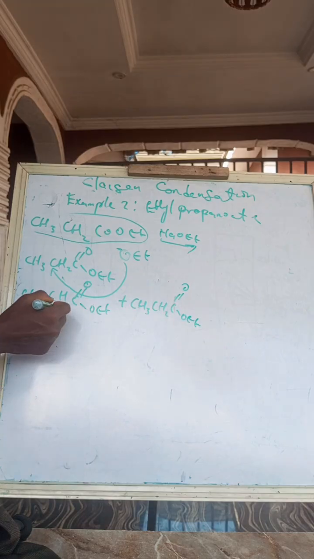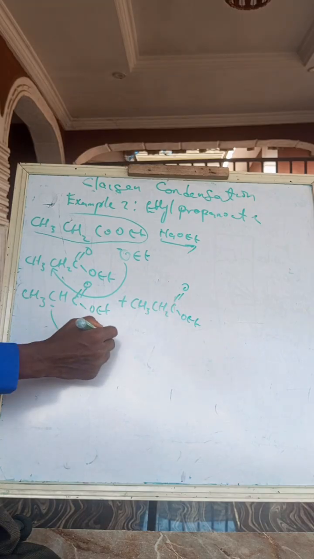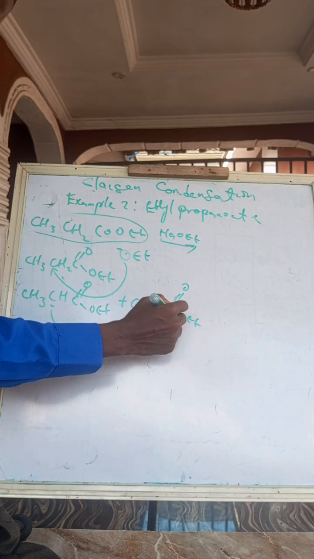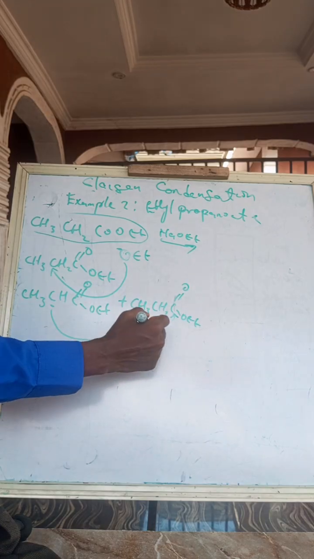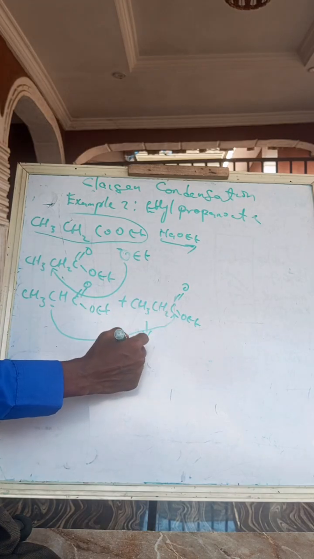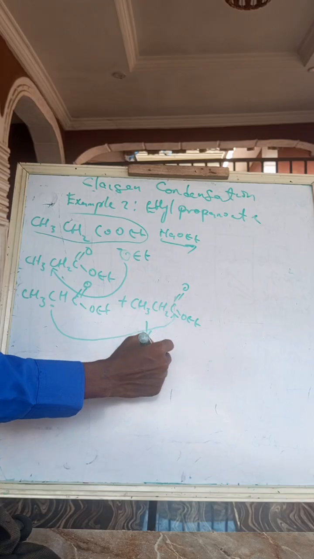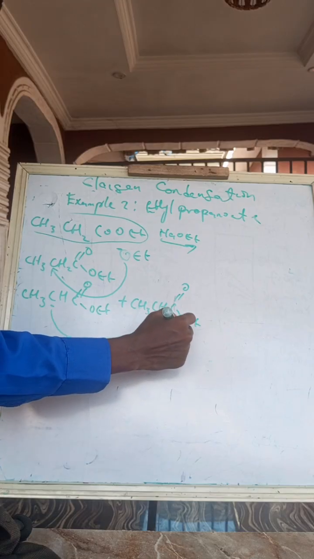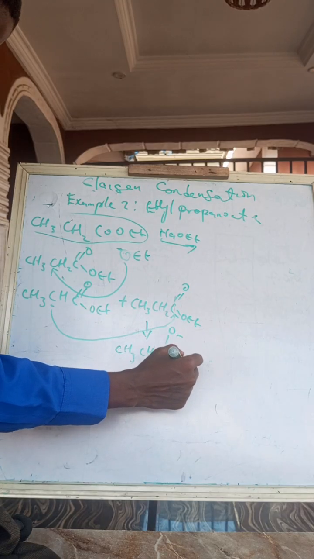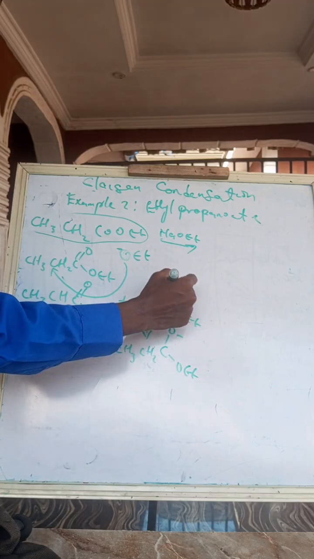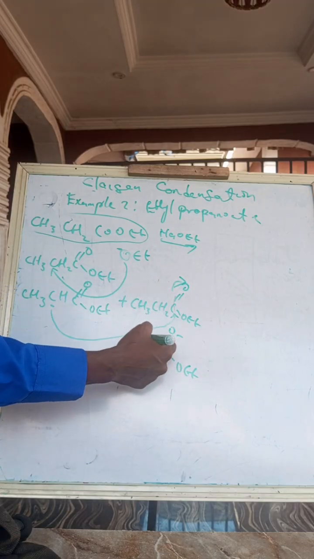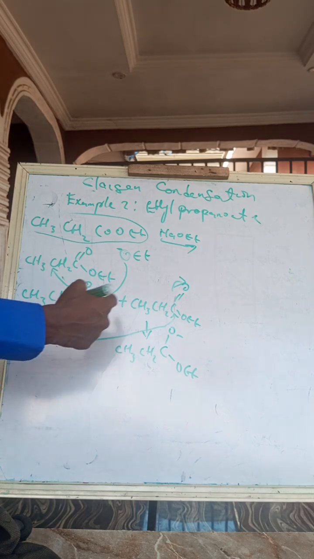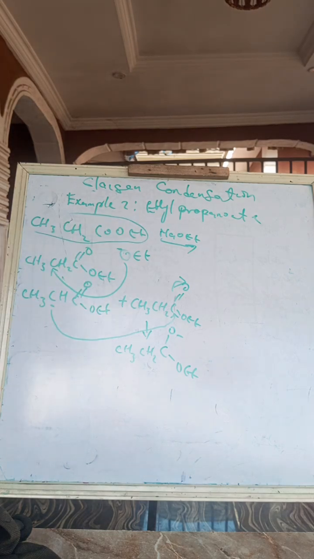Then the anion attacks the carbonyl group, leading to the formation of this, which causes the delocalization of the pi bond. You can see we have O minus. The next one is the carbon-carbon bond formation, to form a more complex compound.